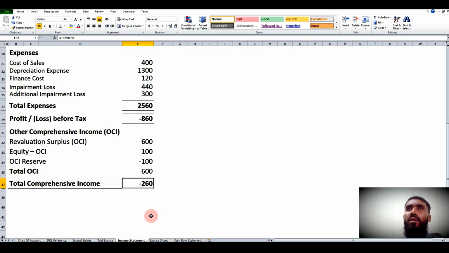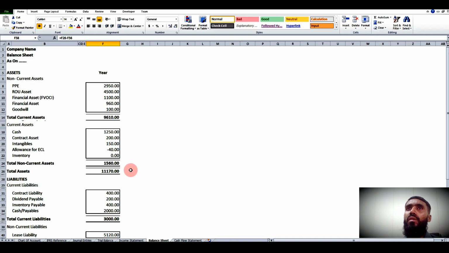On the other hand, I'm going to move to the balance sheet statement. Now here is the company, this is the format. If you want that format, I will send it to you.